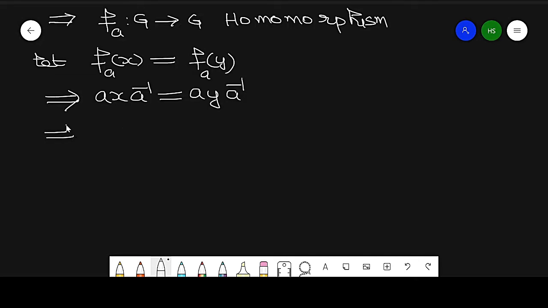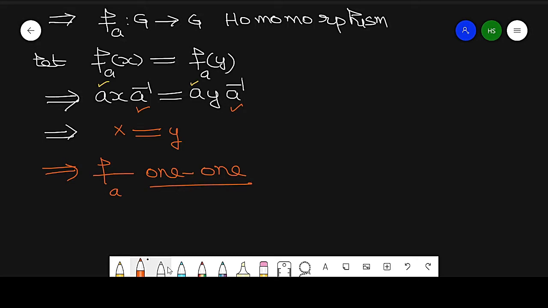Since G is a group, by left cancellation law this is removed, and by right cancellation law this is removed. So we get x equal to y. So this mapping is one-one.